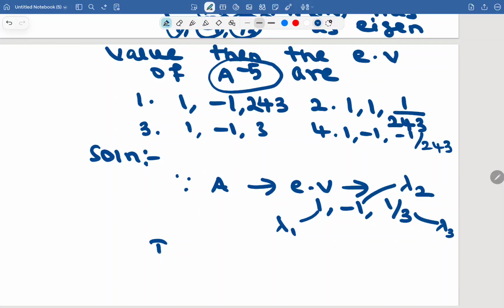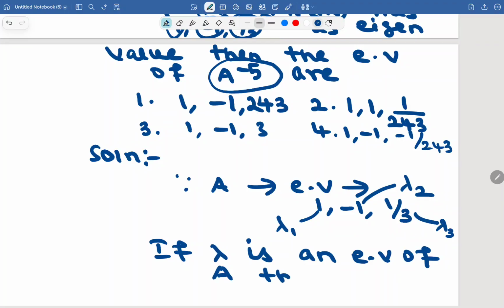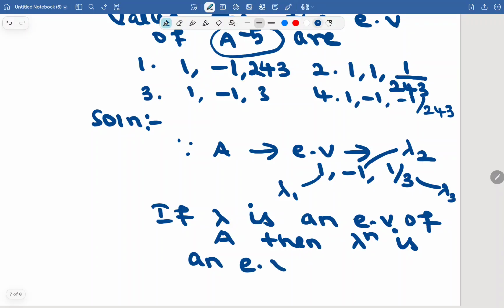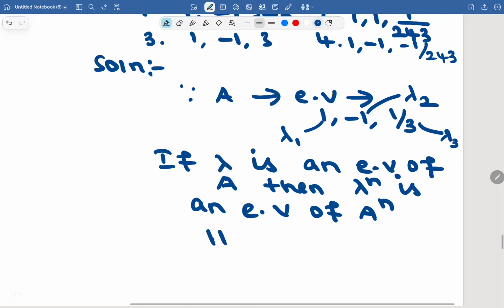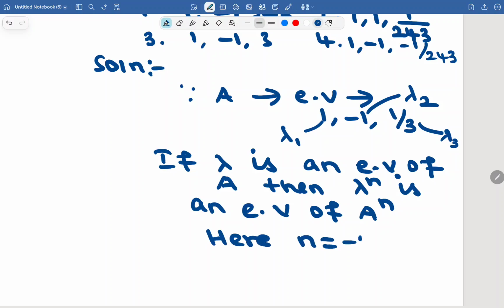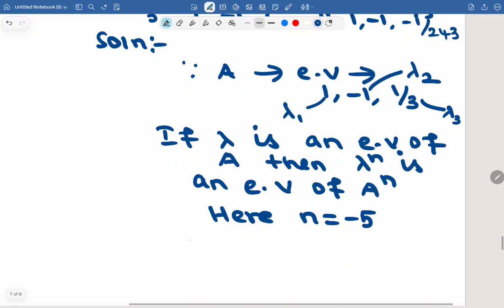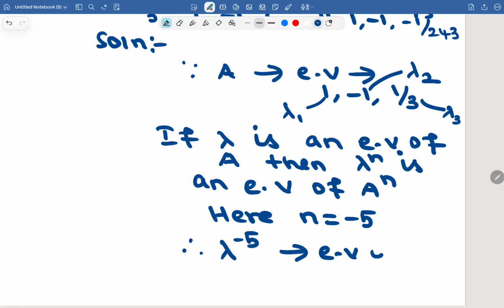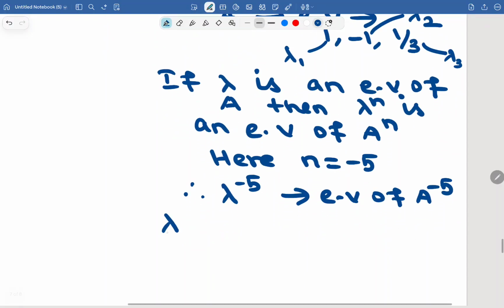By a well-known result, if lambda is an eigenvalue of A, then lambda power n is an eigenvalue of A power n. Here in this problem n is minus 5. Therefore, lambda power minus 5 is an eigenvalue of A power minus 5. First, lambda 1, the eigenvalue of A, is 1.